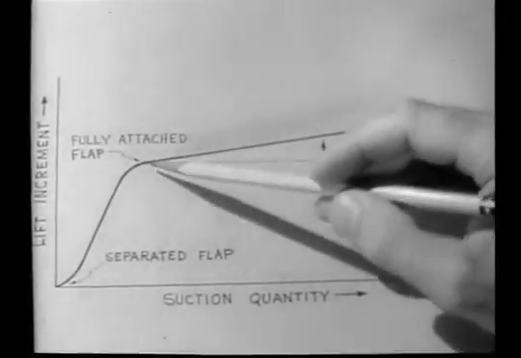If more suction or blowing is supplied than that necessary to prevent separation of the flow over a deflected flap, rather more lift is measured than would be expected.